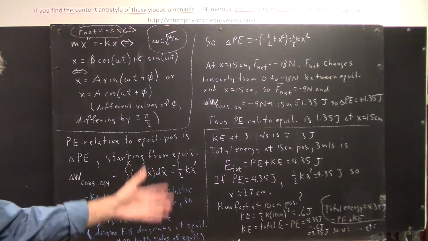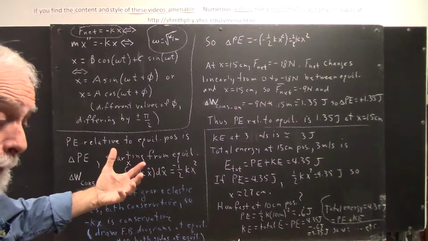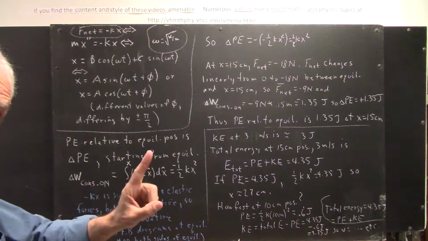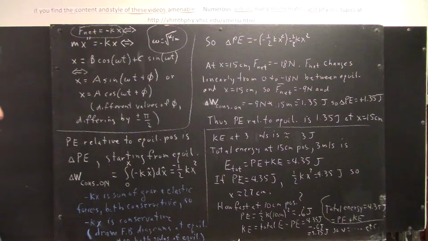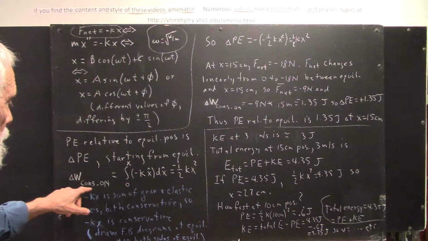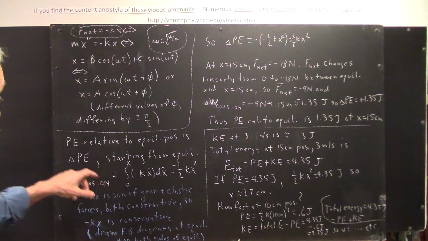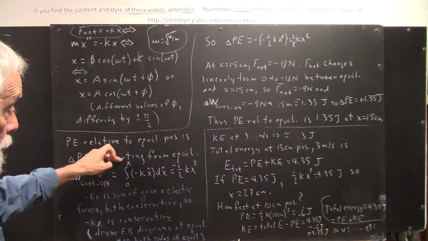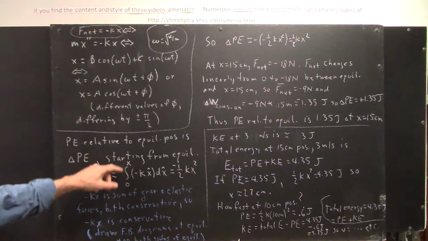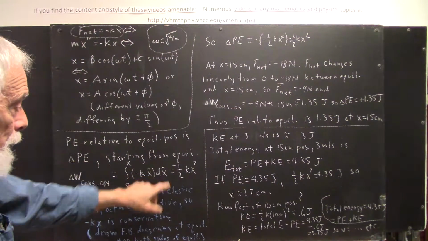Rather than relying on this formula for potential energy and that formula and a formula over here and getting them all mixed up, we have one definition: equal and opposite to the work done by the conservative force. So the work done by the conservative force on the system, as we go from equilibrium to position x, is just the integral from 0 to x of that force, negative k x hat dx hat.